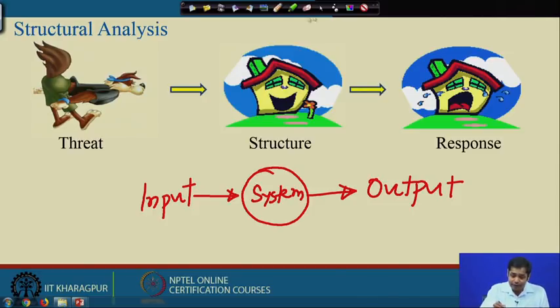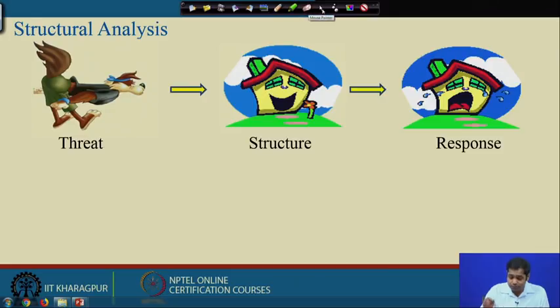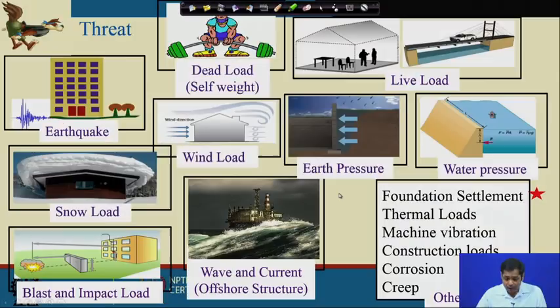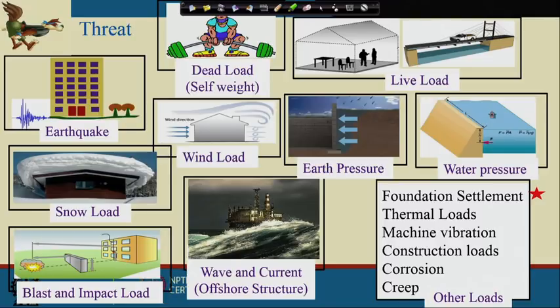Now, what are the different kinds of threat that are possible? These are the different kinds of threats that a structure may be subjected to. We can have dead load, which is the self weight of the structure, live load, earthquake load, wind load, earth pressure, water pressure. If it is an offshore structure, then wave and current loads are important.